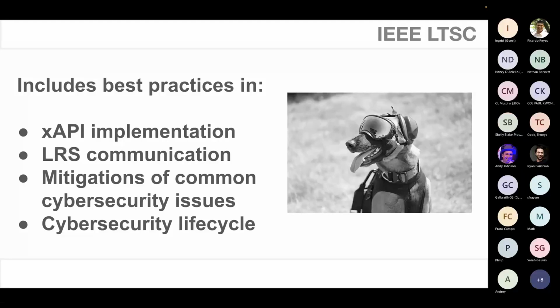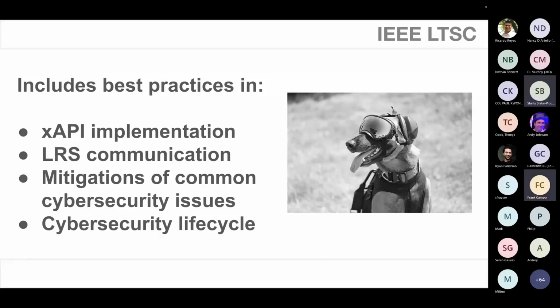So this standard includes best practices in xAPI implementation, LRS communication, mitigations of common cybersecurity issues, and cybersecurity lifecycle. If you think about it, xAPI implementation itself can be from the point of view of designing data that will be issued by a learning record provider that is a data source like an LMS or a mobile app or a serious game that emits activity according to the xAPI specification.